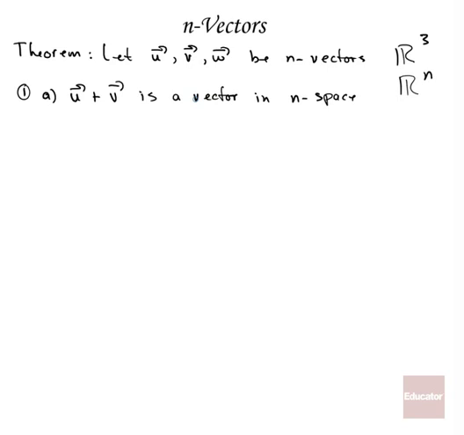There are situations, mathematical structures where this is not true, and this is the digression that I'm going to go on in a moment. So when we say that u plus v is a vector in n space, this property is called closure. Okay? And we say that vector addition is closed under addition.